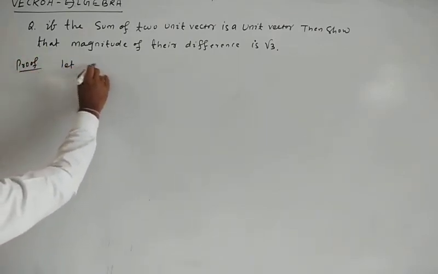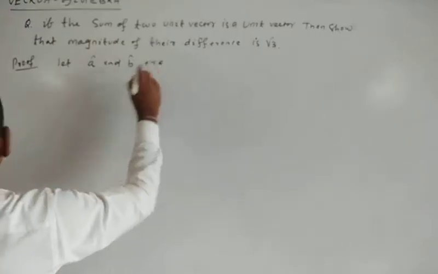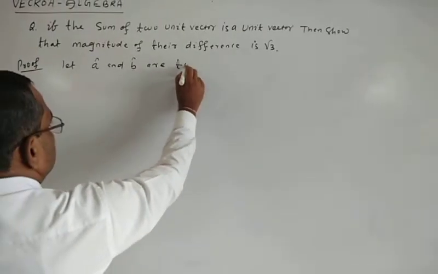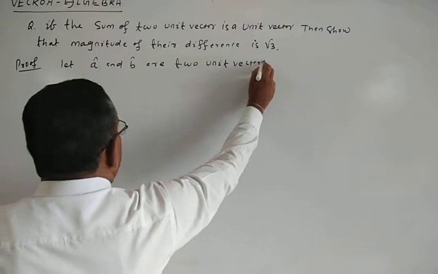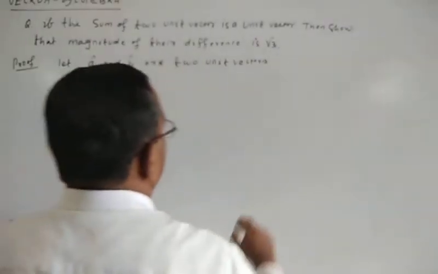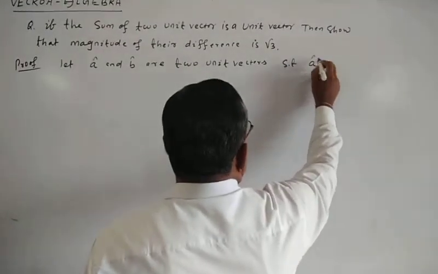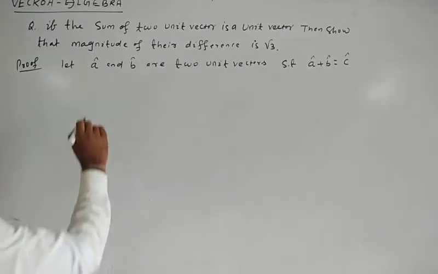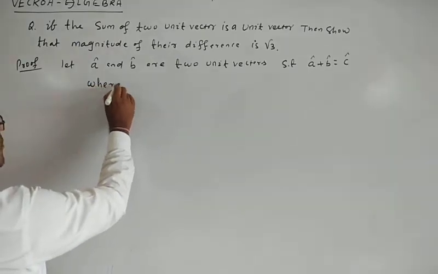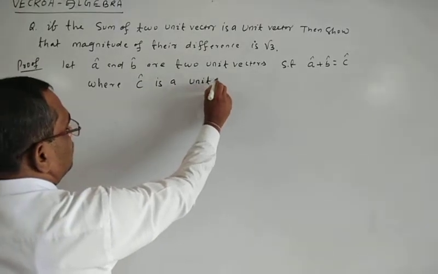Let A cap and B cap be two unit vectors such that A cap plus B cap is equal to C cap, where C cap is another unit vector.